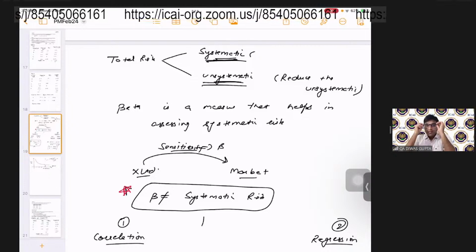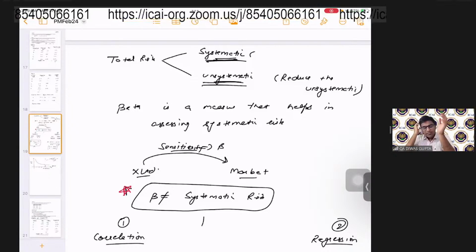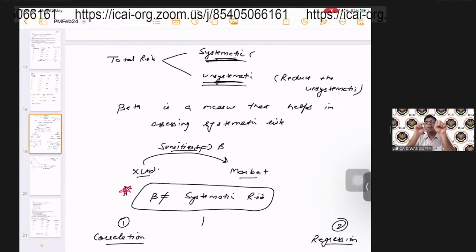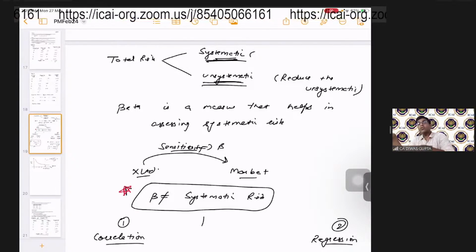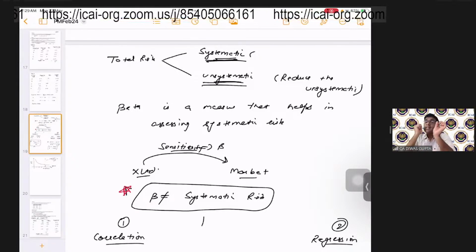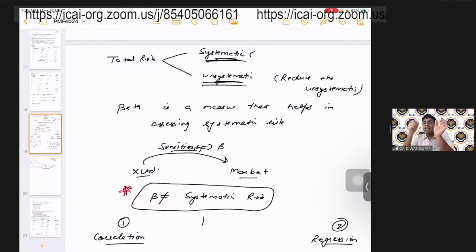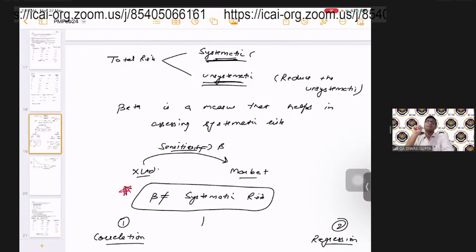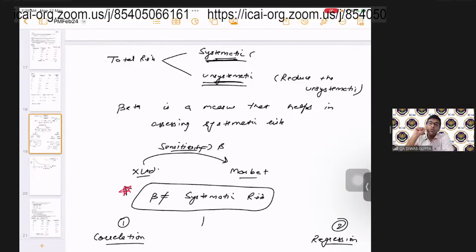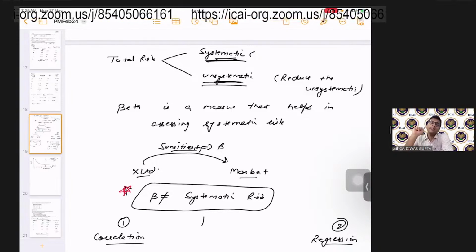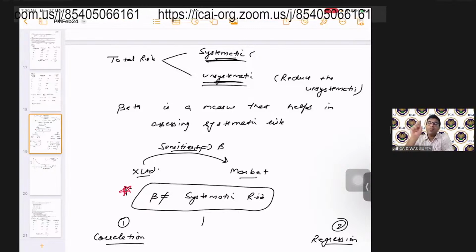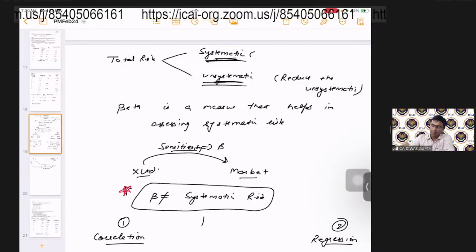If we get to know the overall risk in the market, using beta, can we also derive the systematic risk component within X Limited? The answer is yes. So beta is used to calculate the systematic risk because it always bears the relationship of X Limited with that of the market, students.